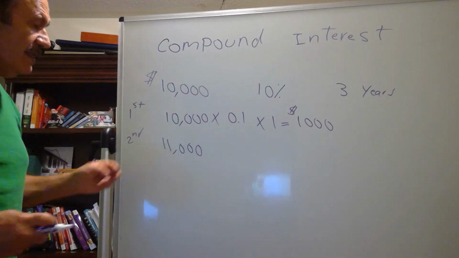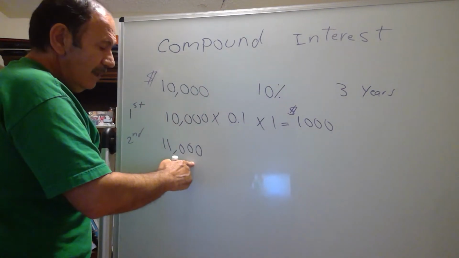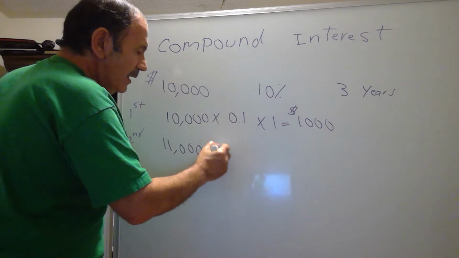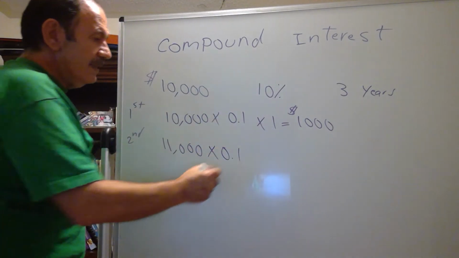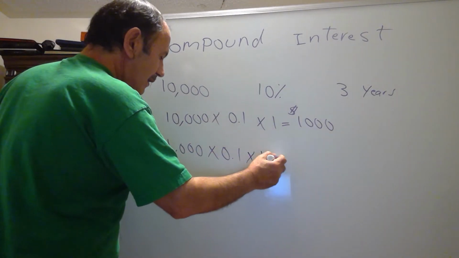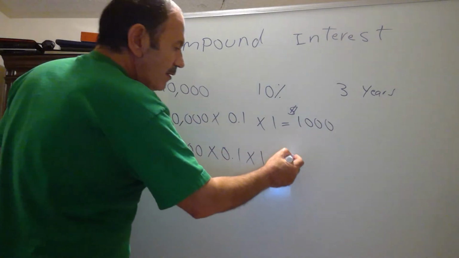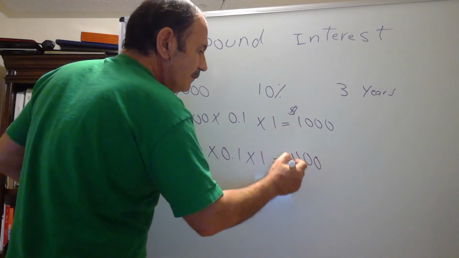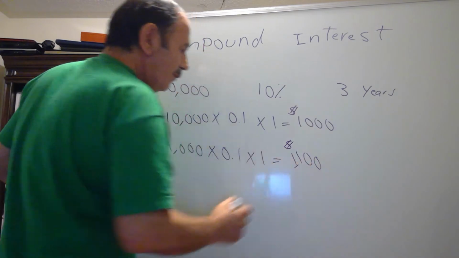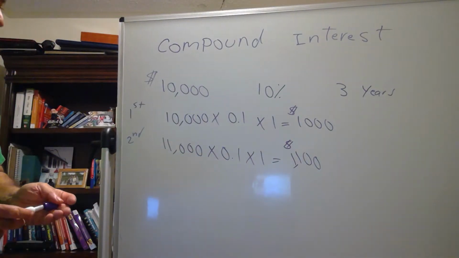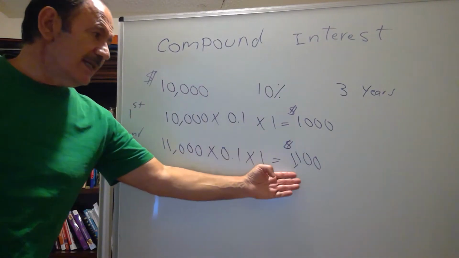So the second year is 11,000 multiplied by again 10% multiplied by 1 year, which is $1,100. That is the interest for the end of the second year.